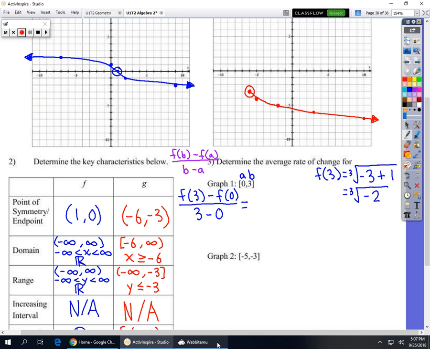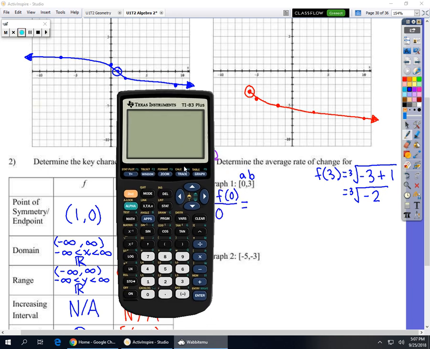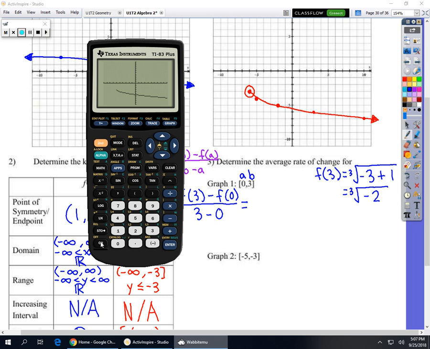And what we can do now is, most of you don't know how to do this by hand. Neither do I. So that's where you're going to go into your main menu. By the way, if you want to go back to your main menu on the calculator, hit second, and you see quit. That'll get you back to your home screen. So go cube root of negative 2. And that is a wonderfully terrible number. Negative 1.259.